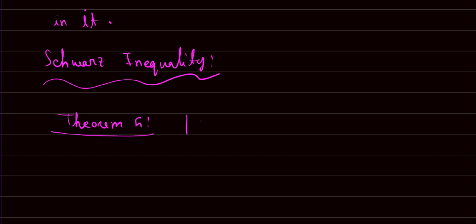It says that the value of the inner product will always be less than the multiplication of individual lengths or norms of the vectors. If you want to visualize it, you can always think about three-dimensional vectors. It's just telling us that the multiplication of individual lengths of the vectors will always be greater than the value of its dot product. This is called Schwarz inequality.